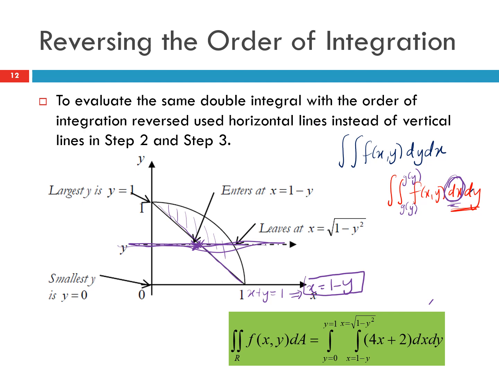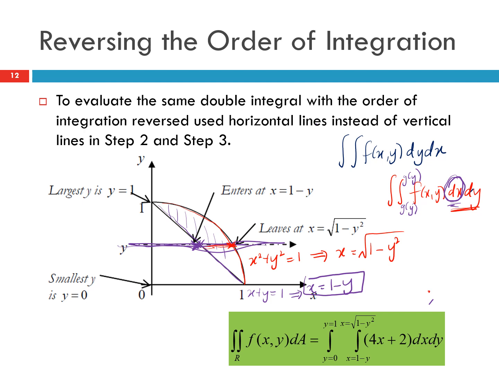Alright, okay, next let's continue the line here. Okay, and this straight line will end here, and this point is actually on the circle x squared plus y squared equal to 1. And from here we can have x equal to the square root of 1 minus y squared.